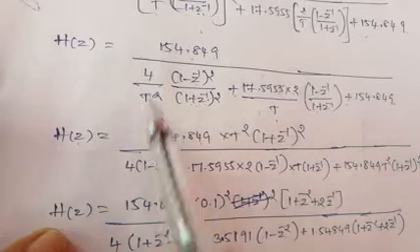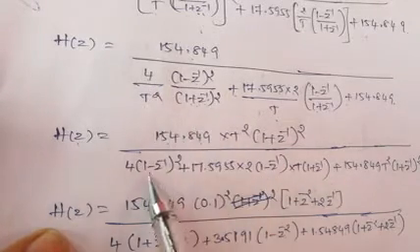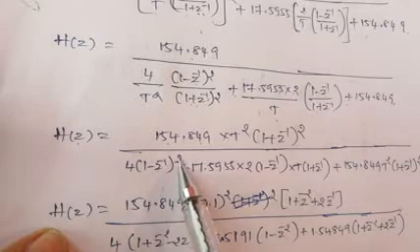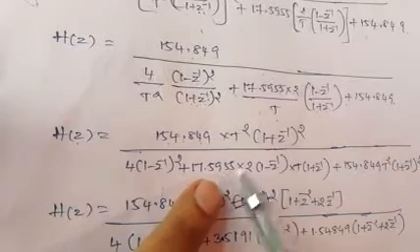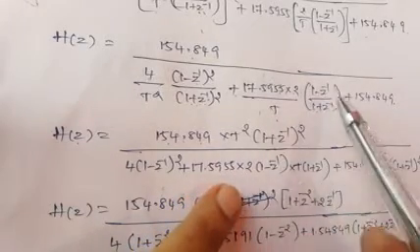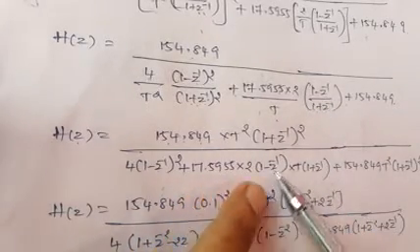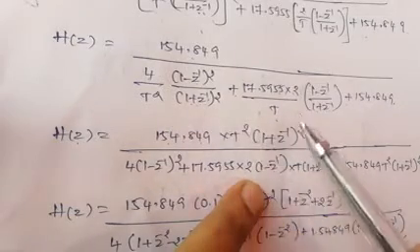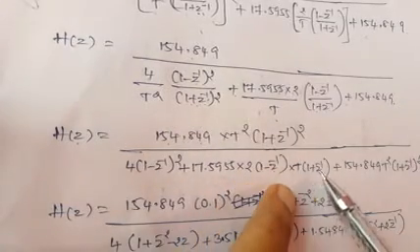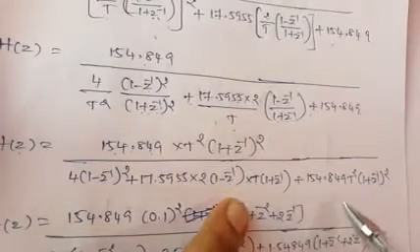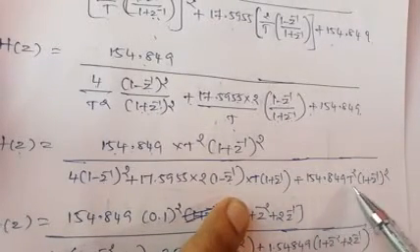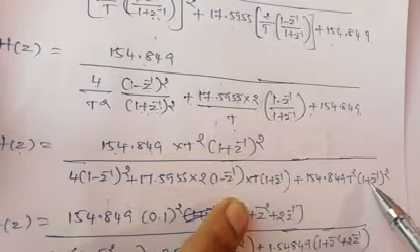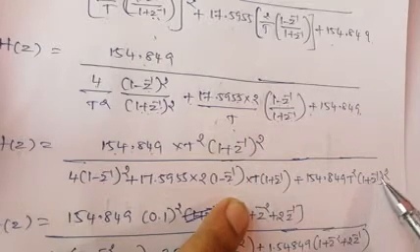After that, come to the denominator: 4 into (1 minus z to the power minus 1) whole square, 17.5955 into 2 into (1 minus z to the power minus 1). LCM is what? This much. So left with what? Multiplied by T into (1 plus z to the power minus 1) and 1 plus 154.849. LCM is T square into (1 plus z to the power minus 1) whole square.